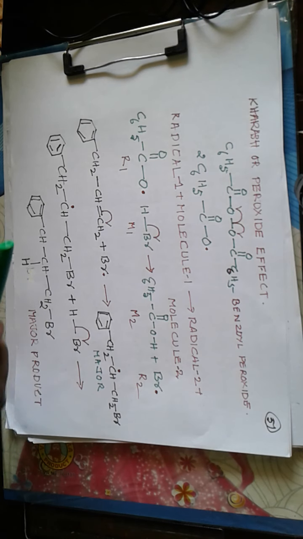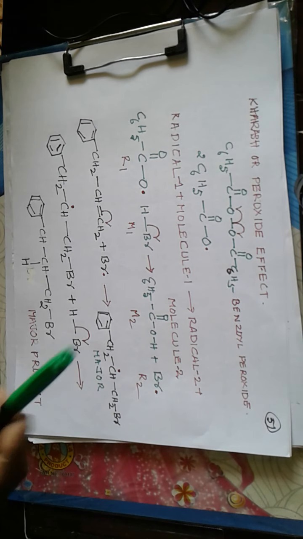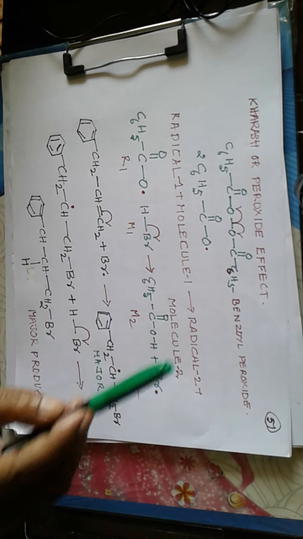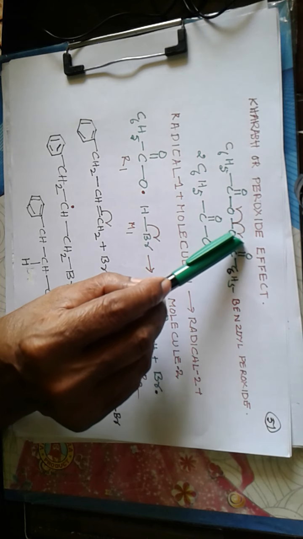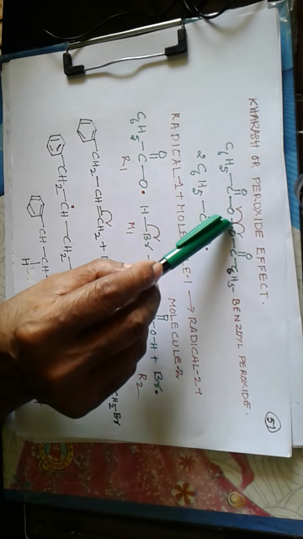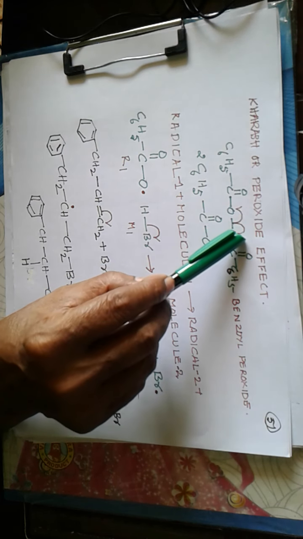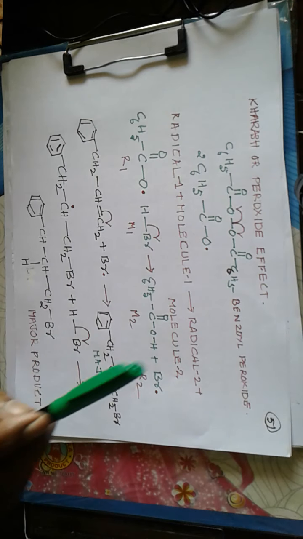Now, in the presence of light or heat, h nu, ultraviolet radiation, benzoyl peroxide undergoes homolysis. We can show it by only one half-headed arrow, or we can show both arrows, no harm.